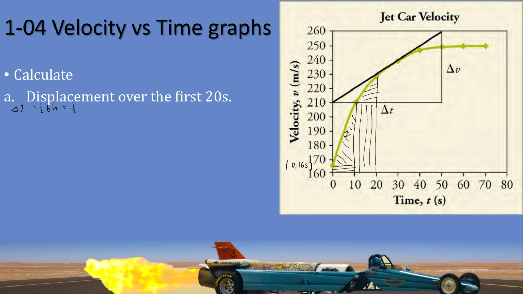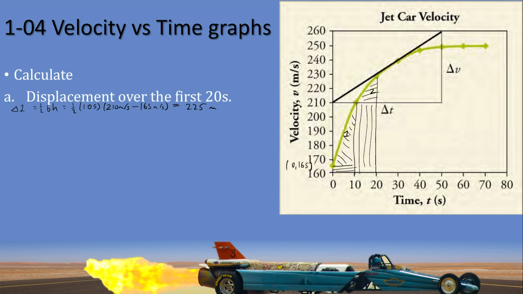So our base is 10 seconds, and the height is from 210 to 165. So 210 meters per second minus 165 meters per second equals 225 meters.